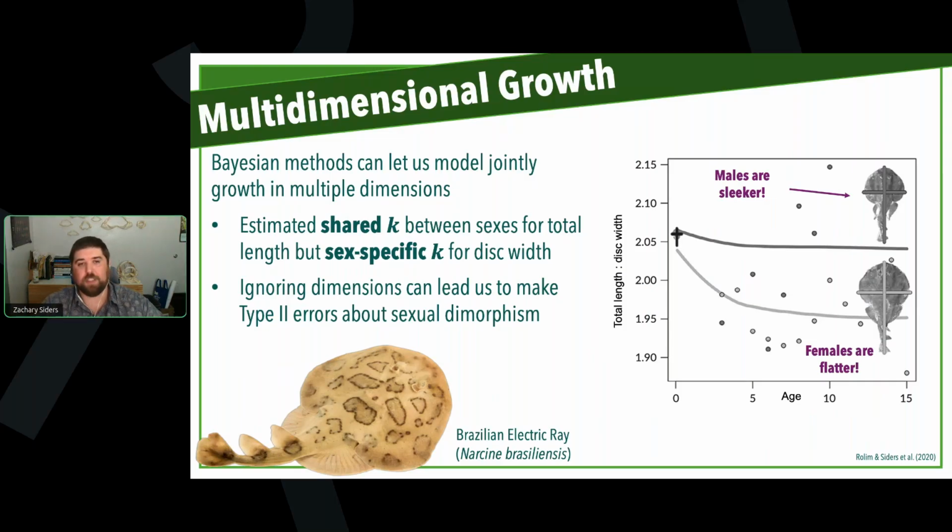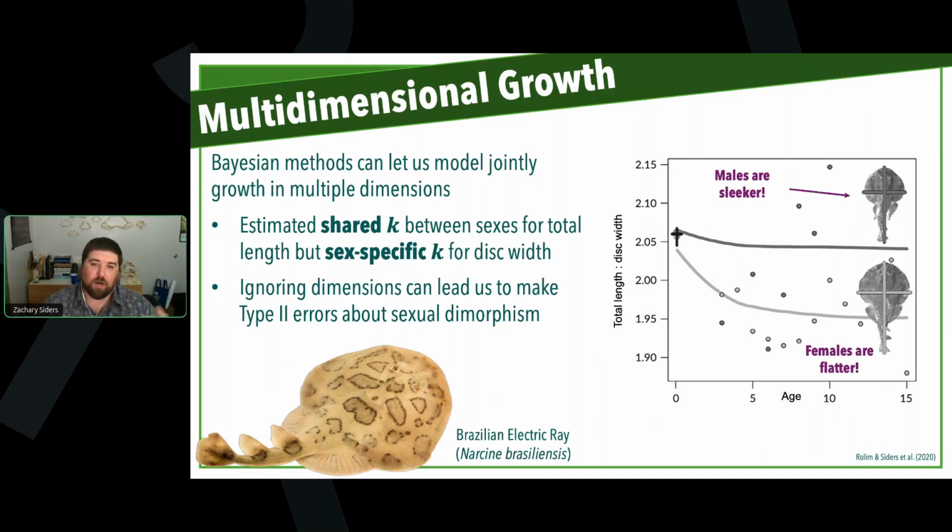When we built this model originally for total length, we saw that K is really not that different between them. The individuals are growing to different lengths, but the rate at which they reach their maximum lengths is roughly the same. On the other hand, total disk width is really important for a ray. It brings other physiological, biological, and ecological processes: it generates lift, so it reduces locomotory cost.